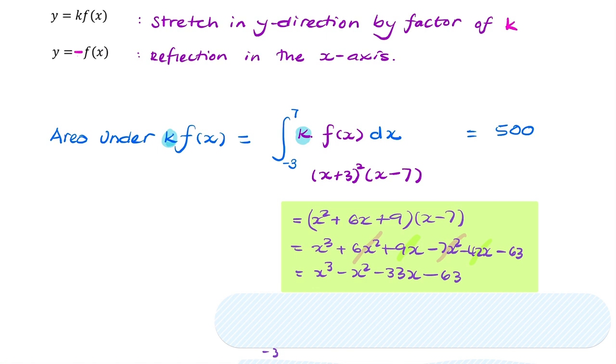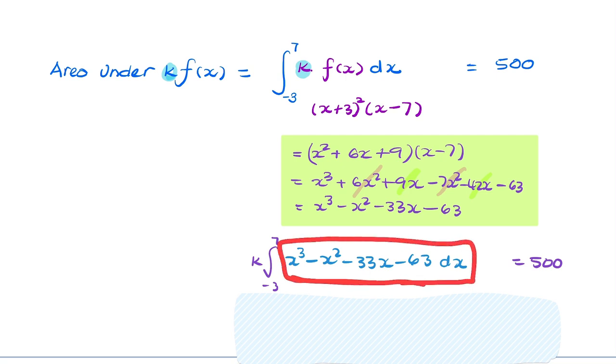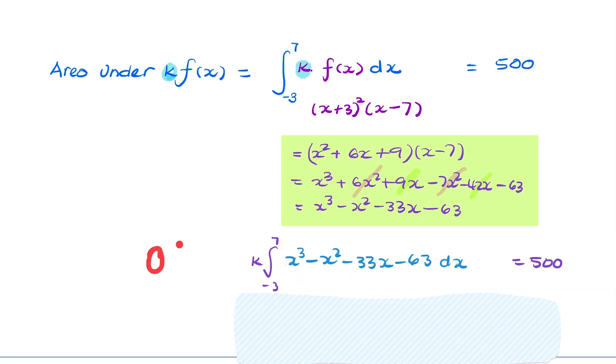If you collect the squared terms together and you collect the 9x and the 42x, you end up with that. And if I've done that correctly, then you put that in your integral. You still have the k, that's a constant. You can take that out of the integral, that's fine. And then you have something that looks like that. Now that's easy to integrate. You know the limits. It's a nice simple function.